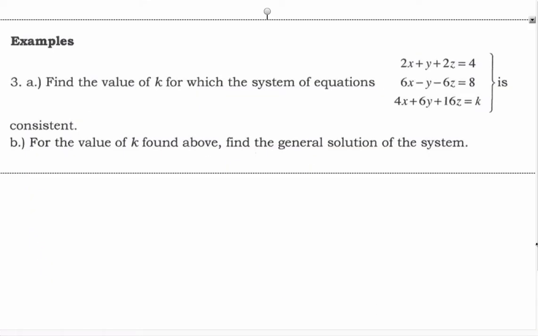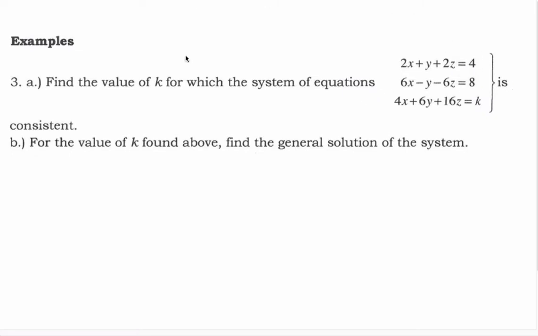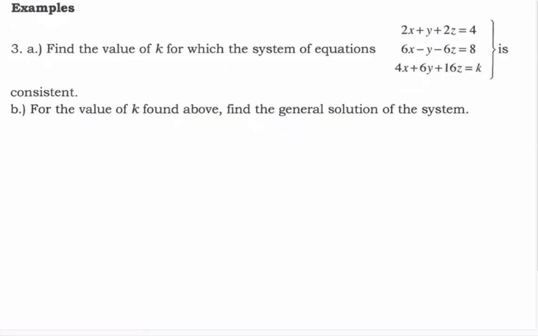Okay, so let's do an example. So here we have: find the value of k for which the system of equations is consistent. Okay, so let's check that out. Consistent means it does have a solution.